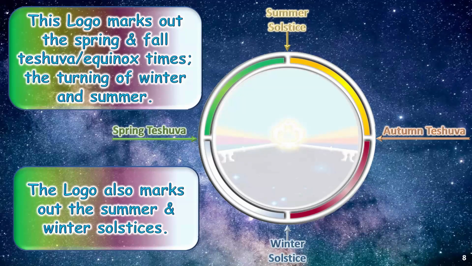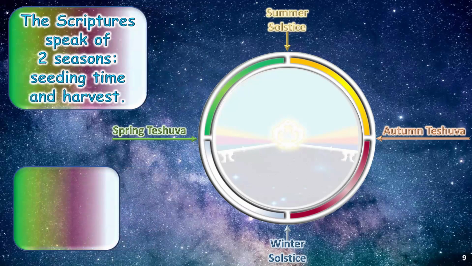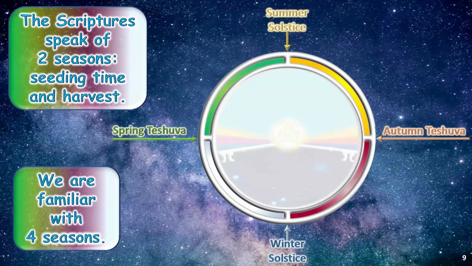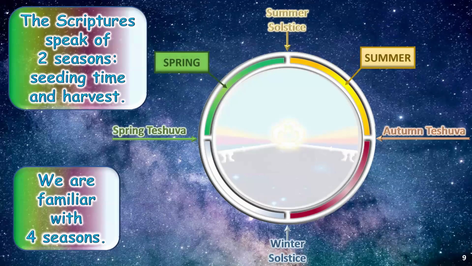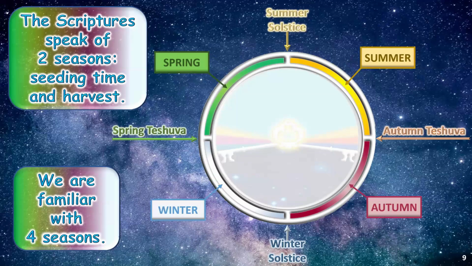And that's what we have every single year as the sun travels through the circuit in the Mazzaroth. But the scriptures speak of 2 seasons, seeding time and harvest. But we are familiar with 4 seasons. We're familiar with spring, summer, autumn, and winter. And those are marked on the outside ring of the covenant calendar logo.